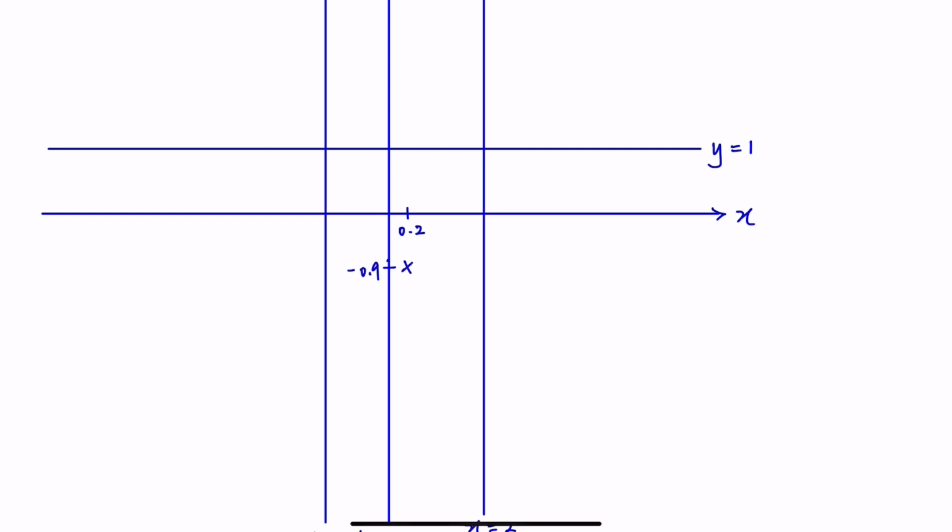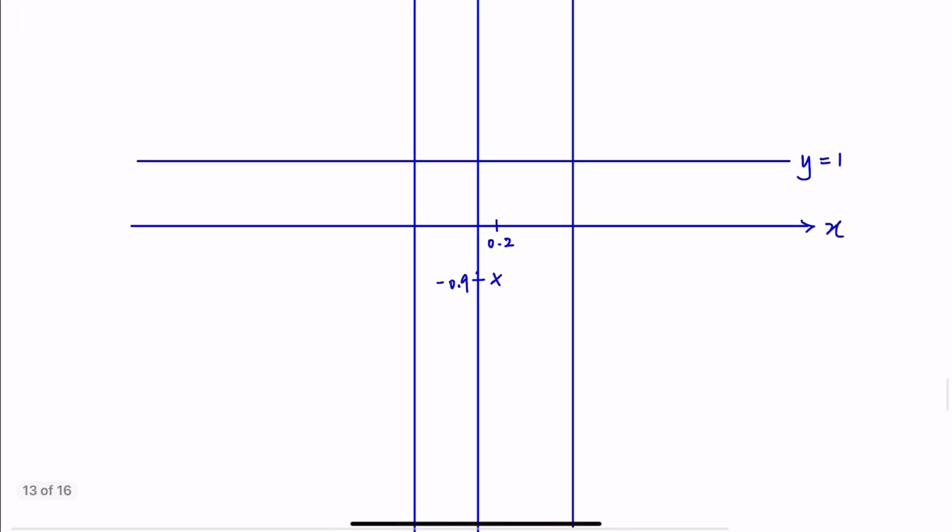Another one is at negative 8.2, which is around, let's say, here, and 0.9 for y. So it's around this area.